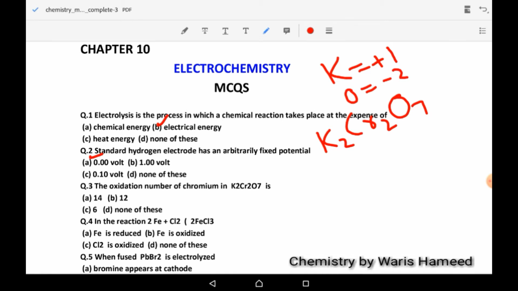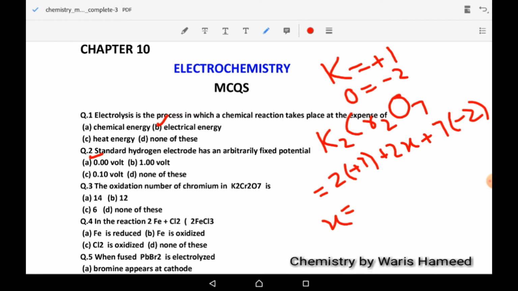By putting these values in this equation, +2, Cr, we can write it as 2x plus 7 into -2. By solving this, we get x is equal to 6. So chromium will have 6 oxidation state. C is the correct option.